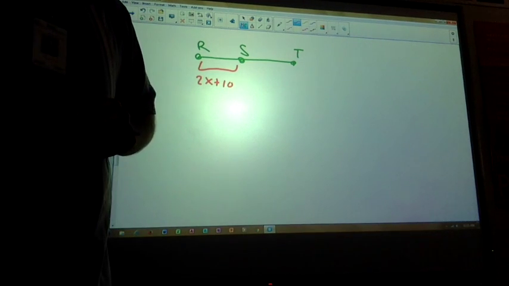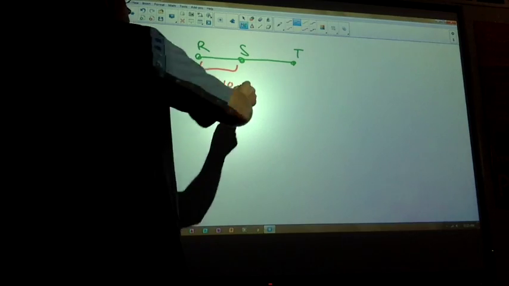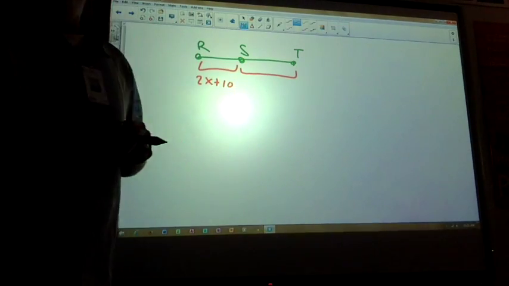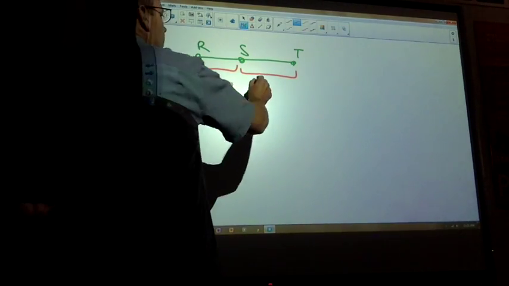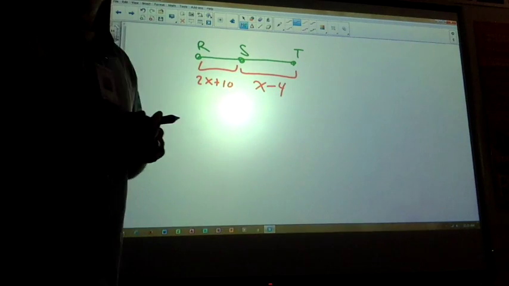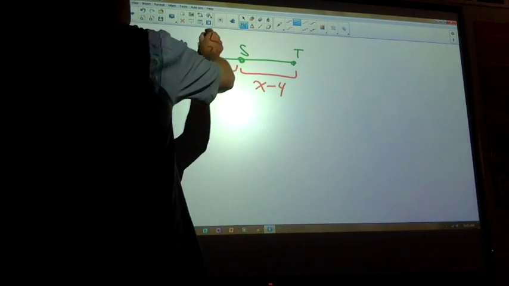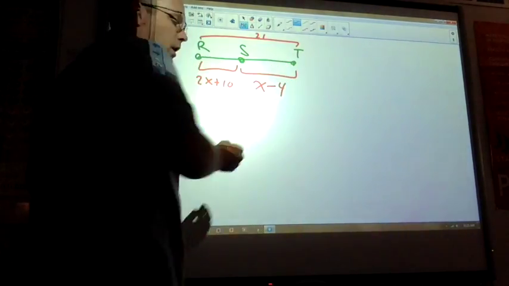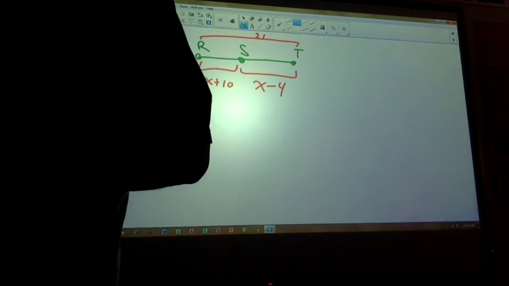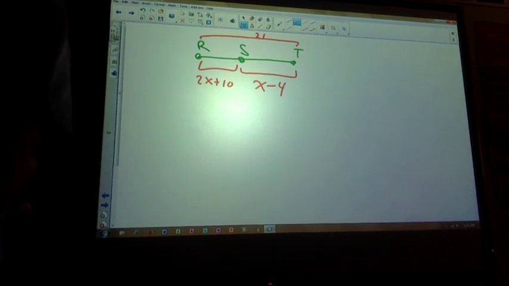And they also tell us that segment ST is x minus 4. And they told us that RT, the whole distance, is 21. And what do they want us to find? Use the below to set up.